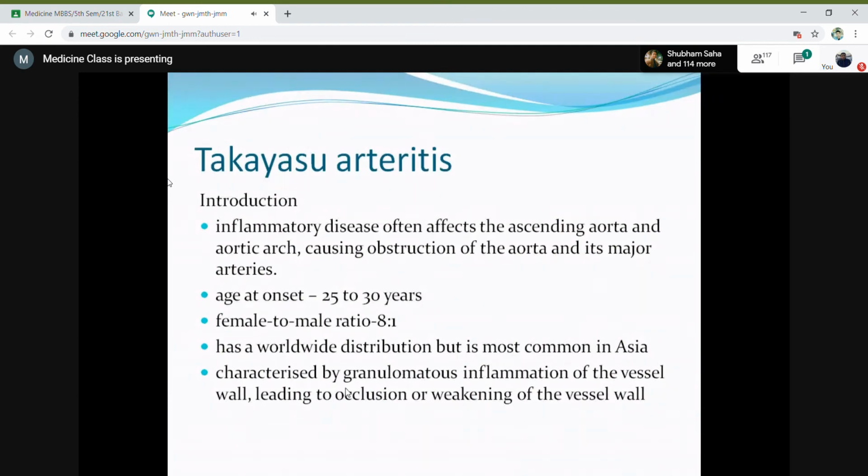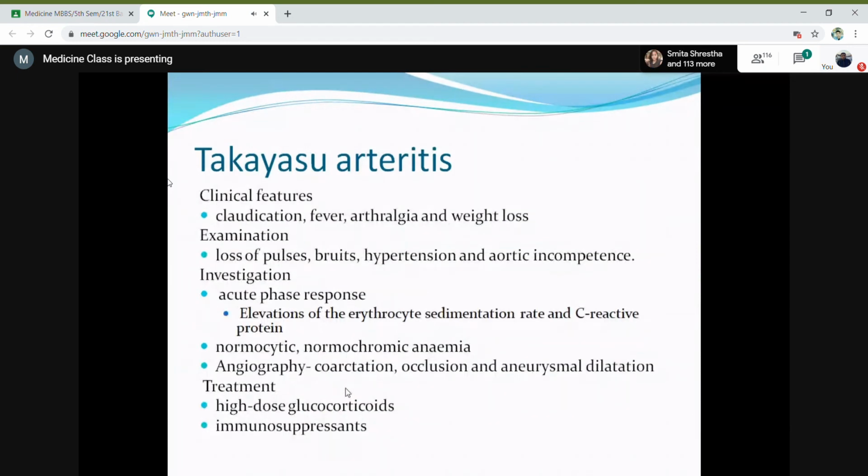Age of onset is 25 to 30 years, and the female to male ratio is 8:1, so it is more common in young females. It has a worldwide distribution, but is most commonly found in Asia, and is characterized by granulomatous inflammation of the vessel wall, leading to occlusion or weakening of the vessel walls.